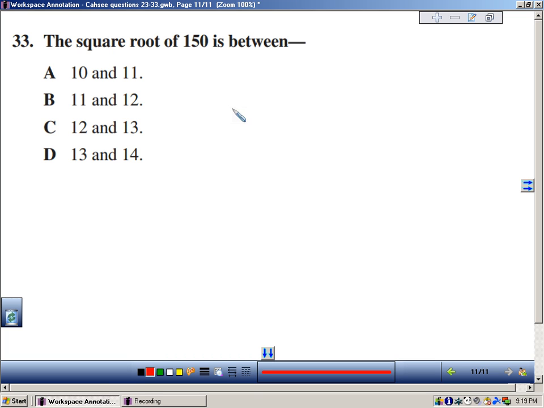This is an algebra question, pre-algebra type question, where square roots, they're called the inverse of the second power. They undo the second power. And so what we're asking here is, and again, I've seen this on the CAHSEE test almost every year. What is this answer? Well, it's going to be a decimal of some sort.